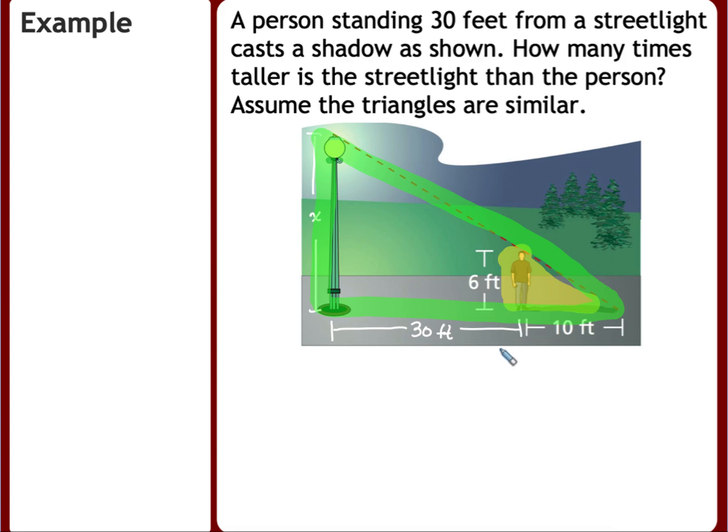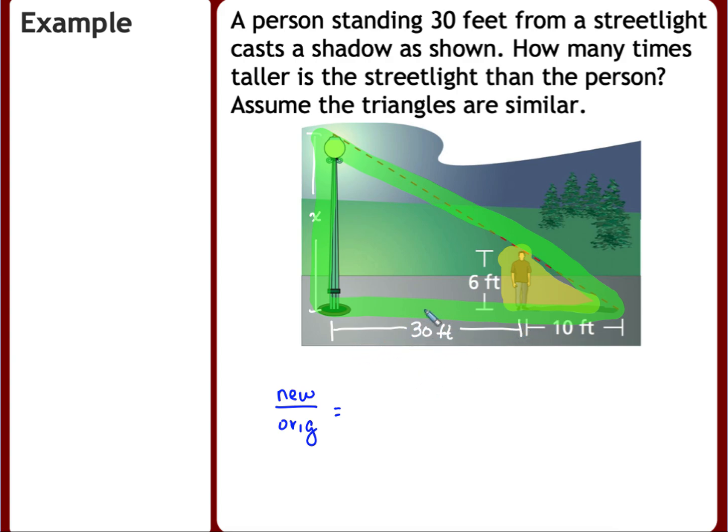What are the known side lengths? Well, we know the base here. So for the smaller, let's use the smaller one as our known, the bigger one as our unknown. So this is our original, this is our new. So if we do new over our original, the original being the smaller one, we get our new value of the large triangle.